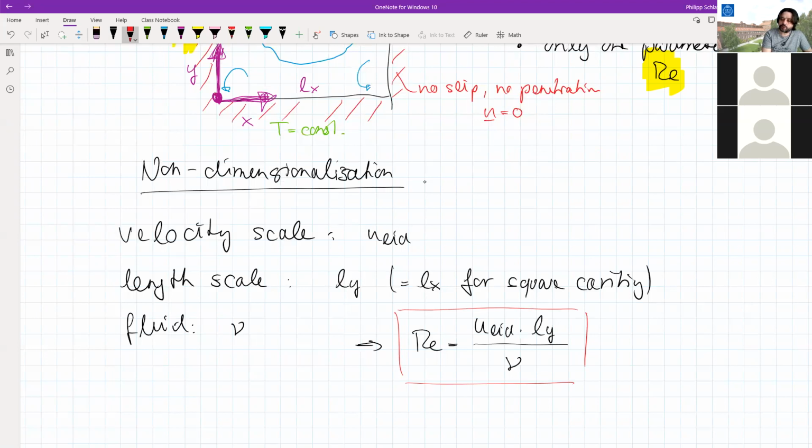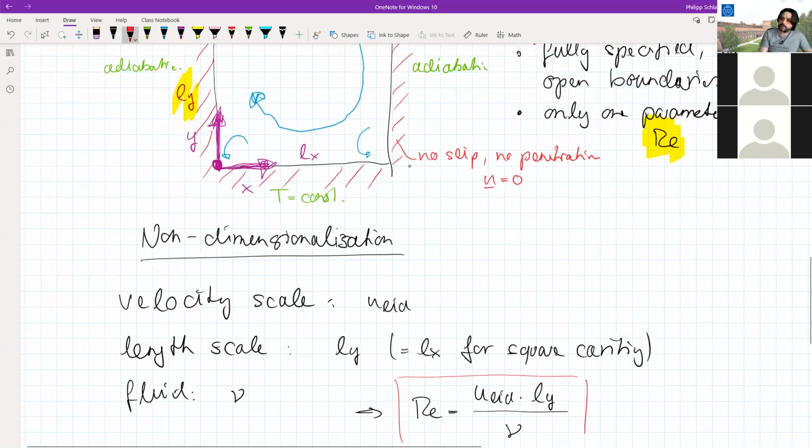And this is then also the Reynolds number that you need to add in your simulation code. And as I said before, this is the only parameter that actually affects the flow. So all the different cavities in the world that have the same Reynolds number behave in exactly the same way.